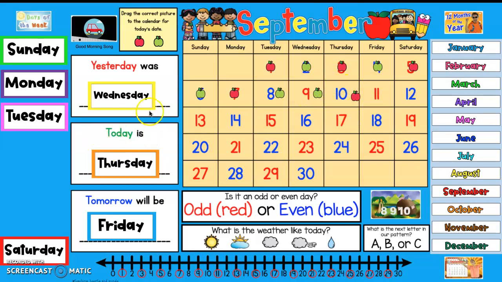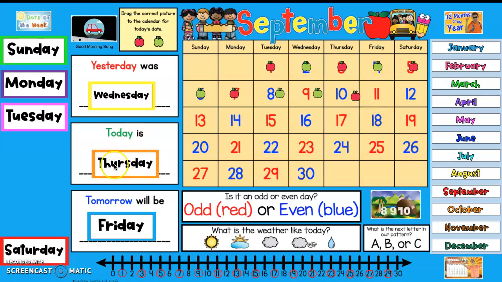Today is September 10th, 2020. And also, did you notice that my apples are a little bit of a pattern, though I did mess this one up. So we're just going to skip that. Never mind. All right, but today is Thursday, September 10th, 2020.